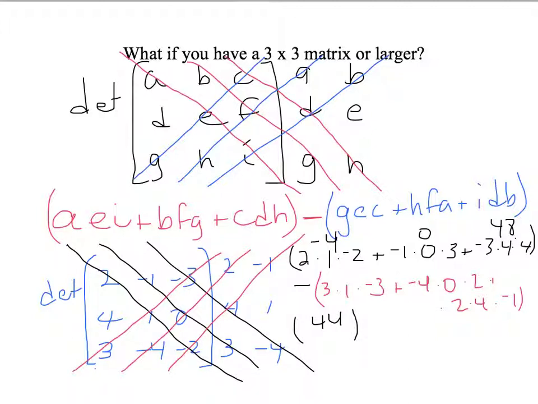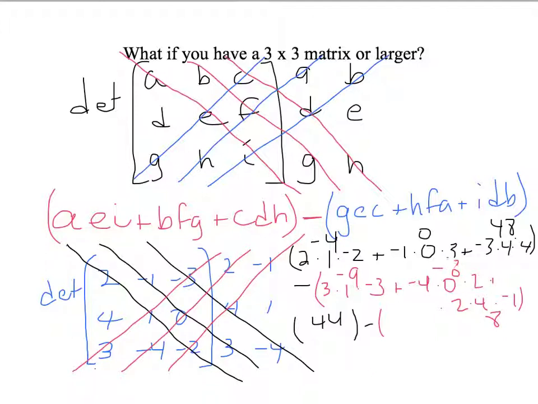And from that, I'm going to subtract the sum of this. So I have 3 times -3, or -9. -4 times 2, or -8. -2 times 4 is -8 times -1 is +8. And look at that, I made quite an error here.